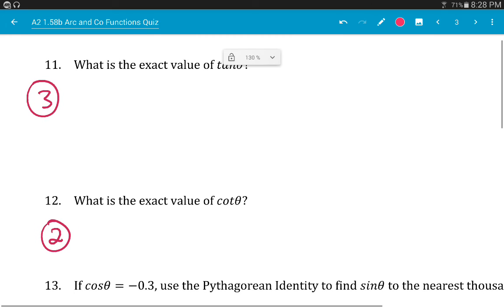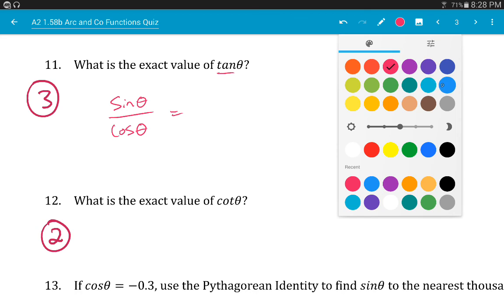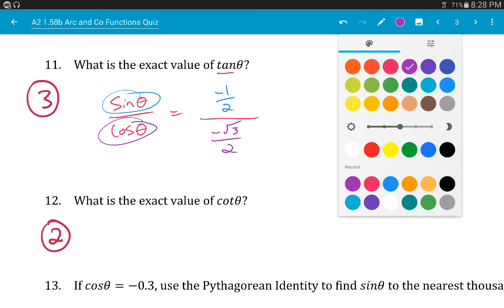Tangent theta. Tangent, you should remember this by now, tangent is sine theta over cos theta. Now, sine in this case is negative 1/2 all over cosine, which is negative radical 3 over 2.